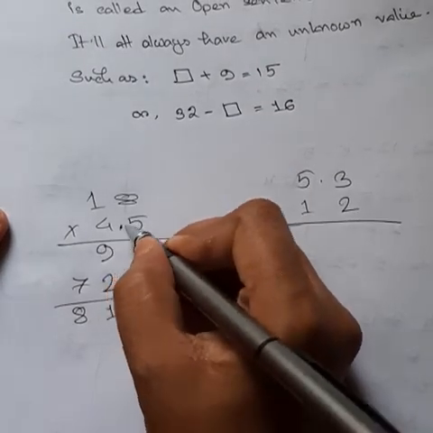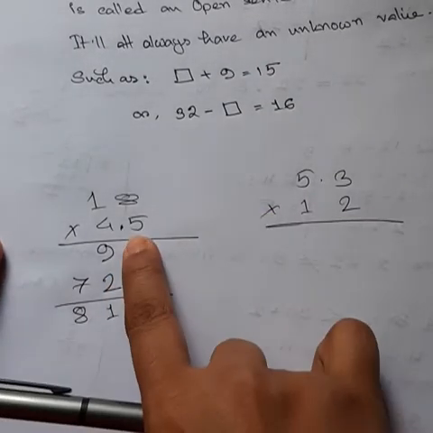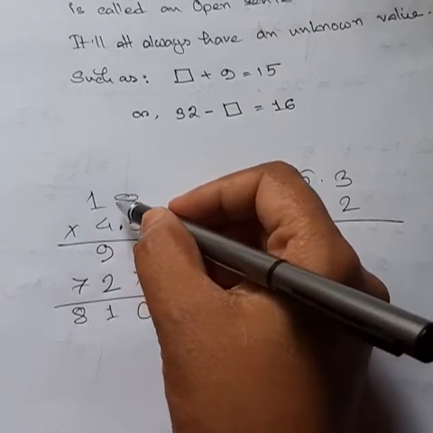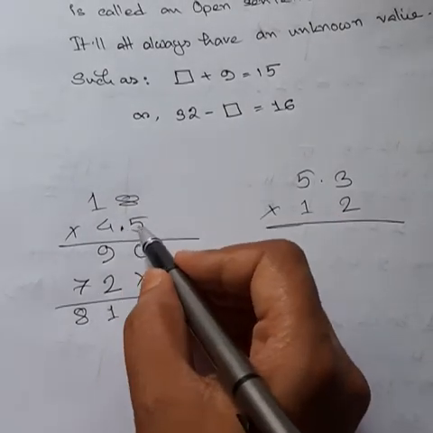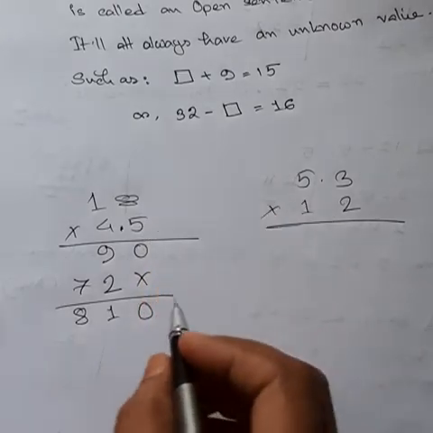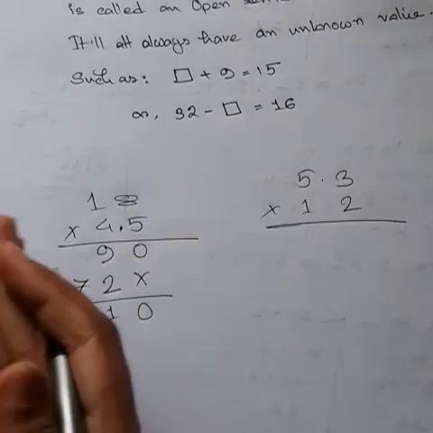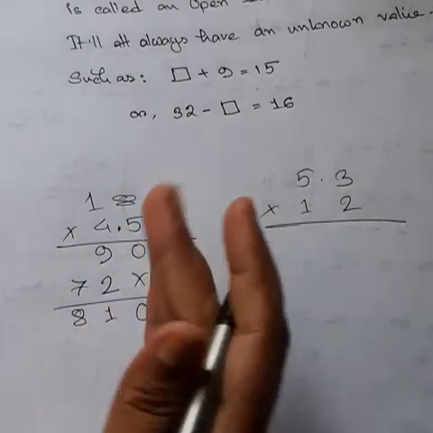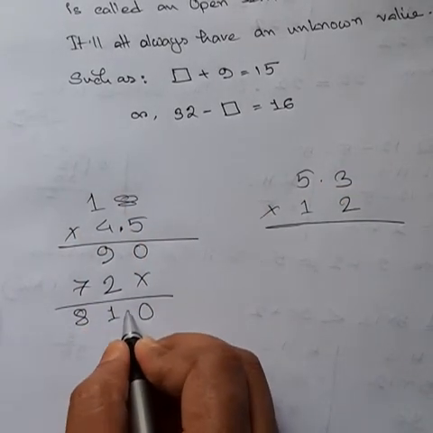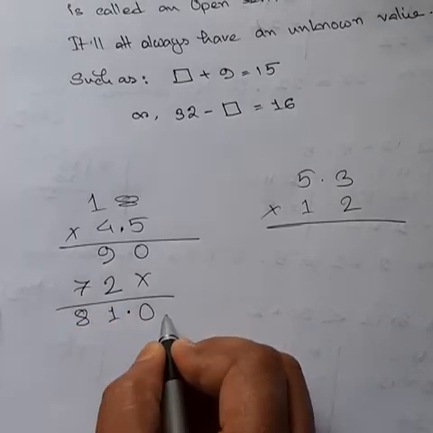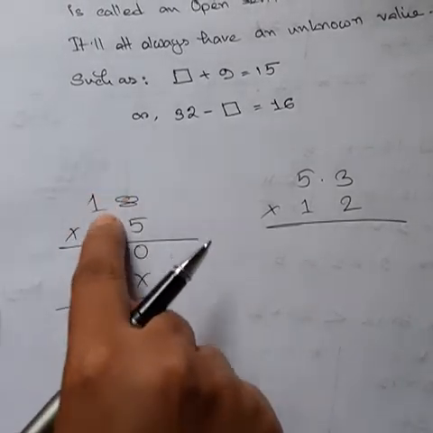Now look, there was a decimal over here. After the decimal, we have only one digit, in the lower part. So we are going to count that one digit from our right side. From which side? Right side. So we put the decimal there, and that is the answer of this multiplication.